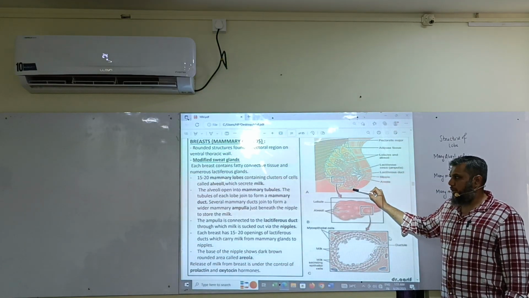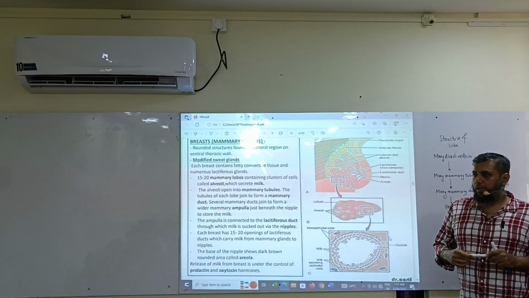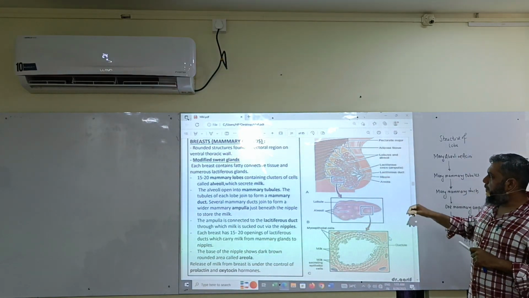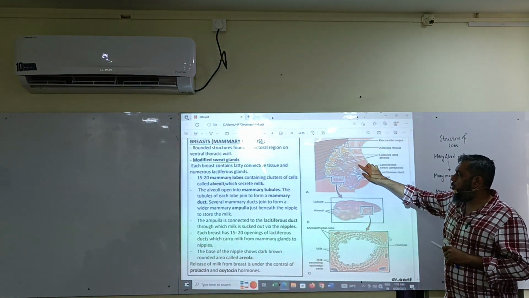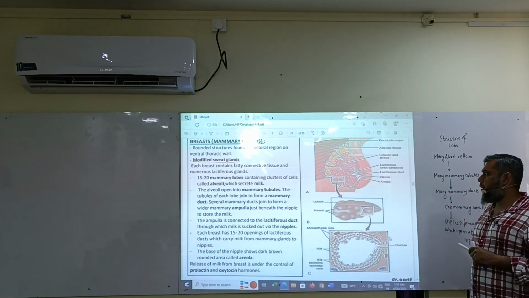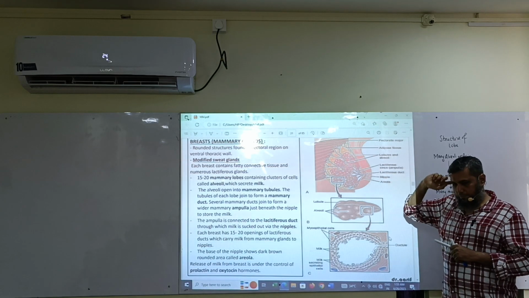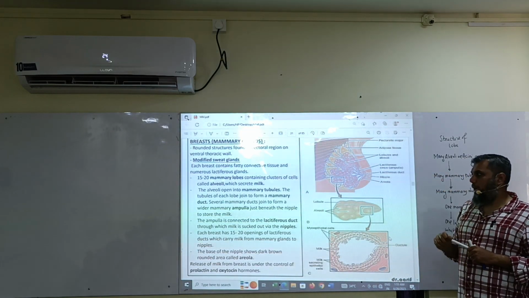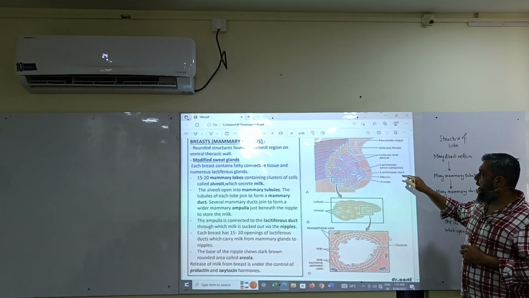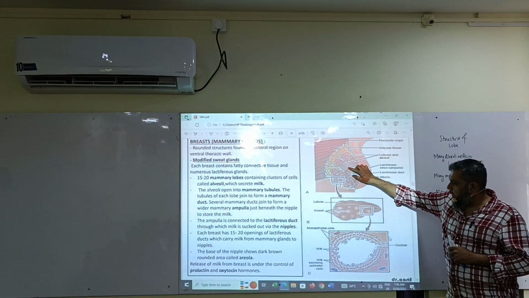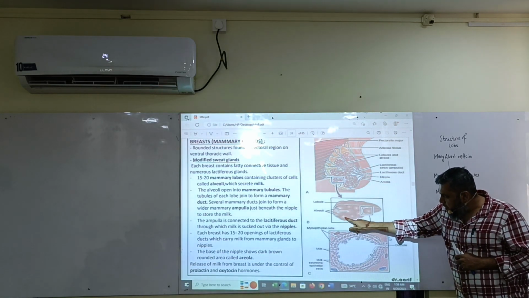Each mammary gland, each breast is made up of 15 to 20 lobules, mammary lobes. How many? 15 to 20, what was it? Mammary lobes. Understood my point? And each mammary lobe is made up of, do you see these grape-like structures?